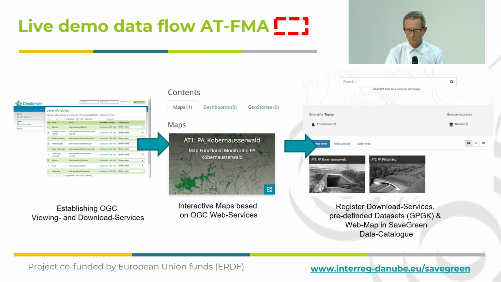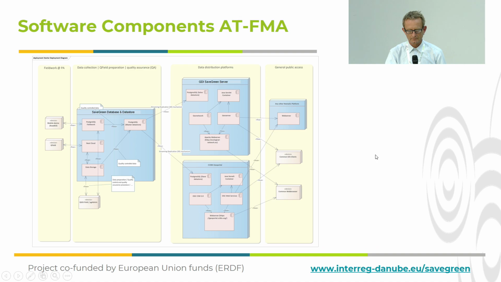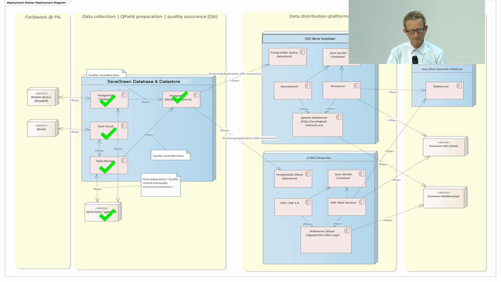For each pilot area, we have registered the results in this data catalog, and we'll then show how you can access the data sets we have generated within the SaveGREEN project. That's the general system overview about the whole application toolbox. On the left side, we have this roadkill application.